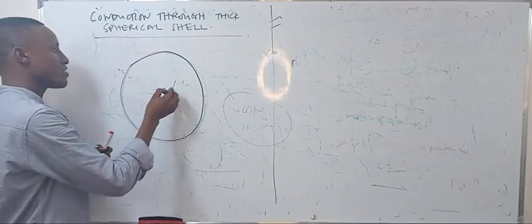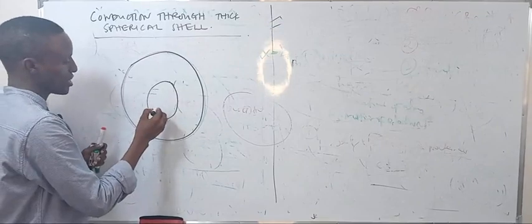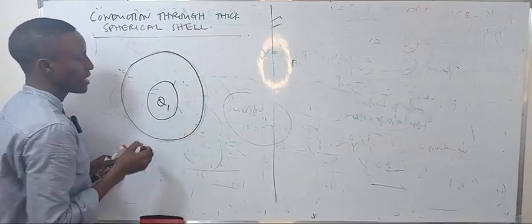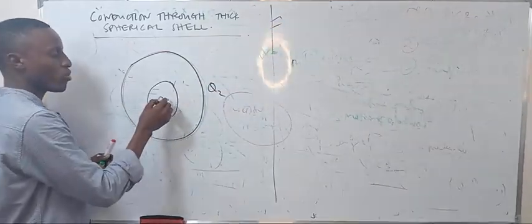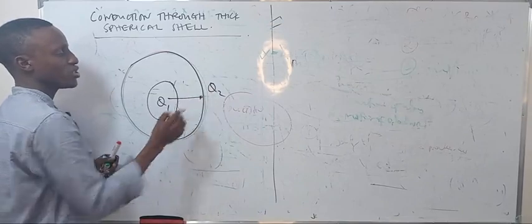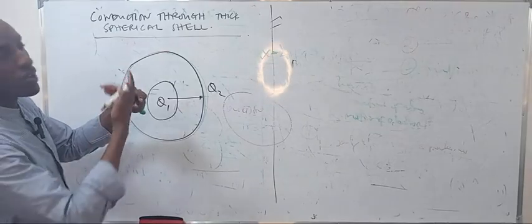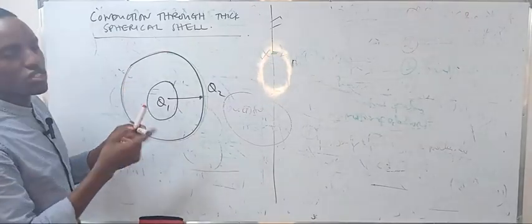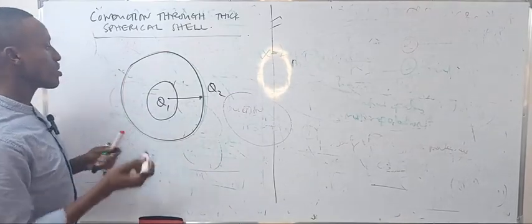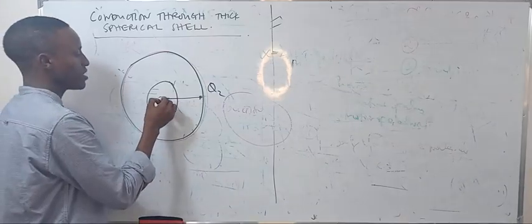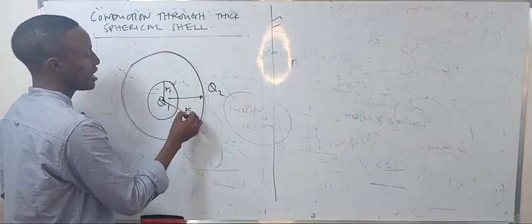So let's say this is the shell, and the inside here is hot, at temperature 1, while the outside is temperature 2. Heat always flows from the hot region inside to the cold region outside. If this is the radius, from here to here is R1, and from here to here is R2.